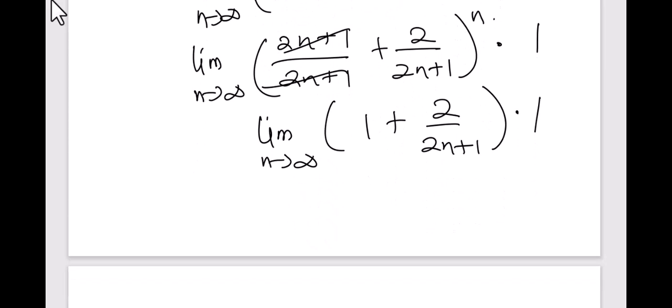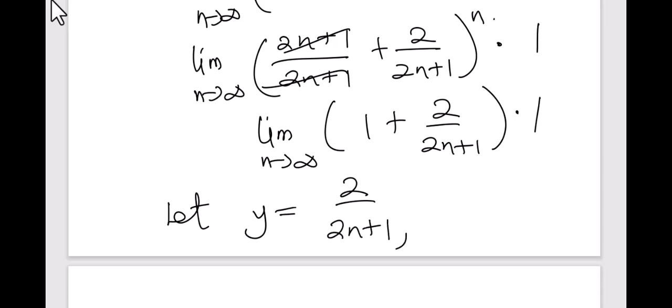Right now, we can say let y be equal to 2/(2n + 1). As n goes to infinity, y goes to what? 0.